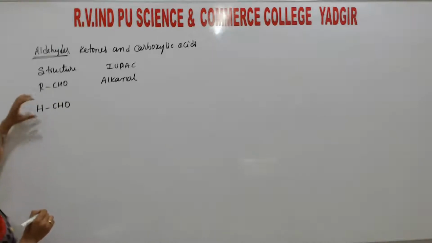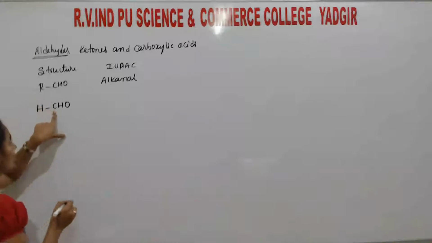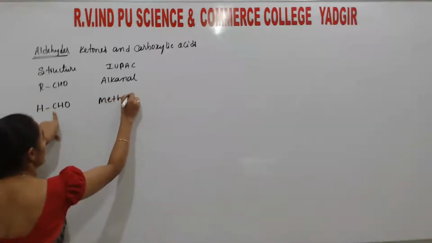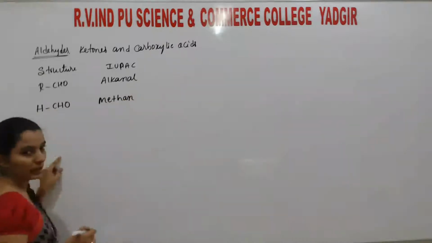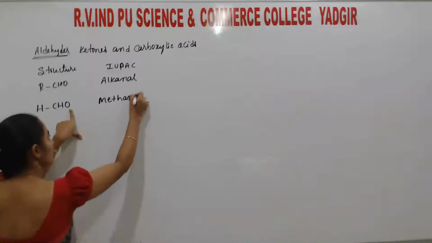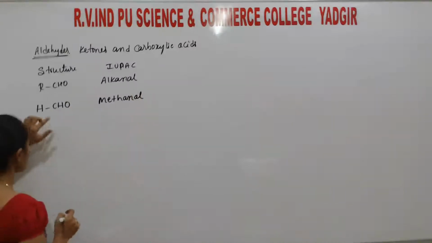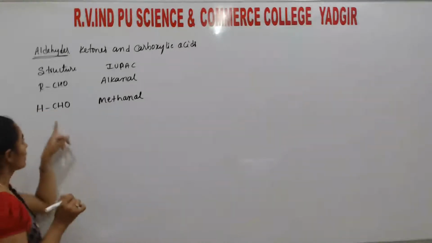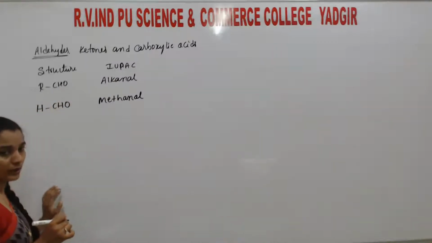So students, in this compound only one carbon atom is there. So one carbon atom means that is methane. But this methane, I could not write E here, because this is the CHO group, so it is methanal, because only one carbon atom is here. So here we need to consider the carbon atom which is present in the functional group only.